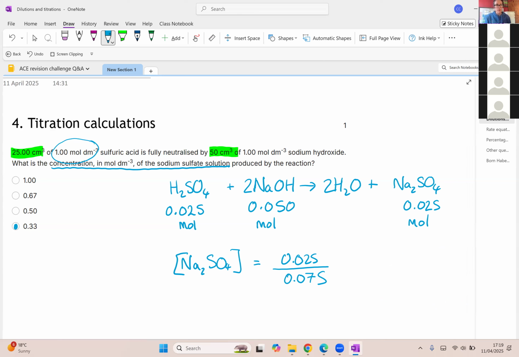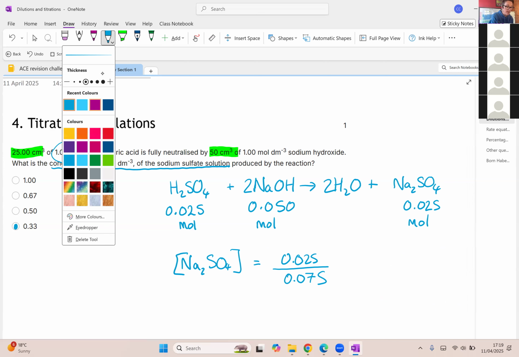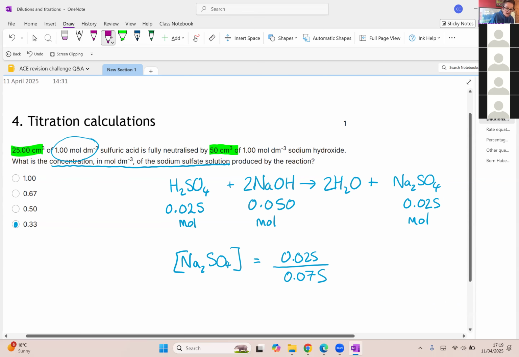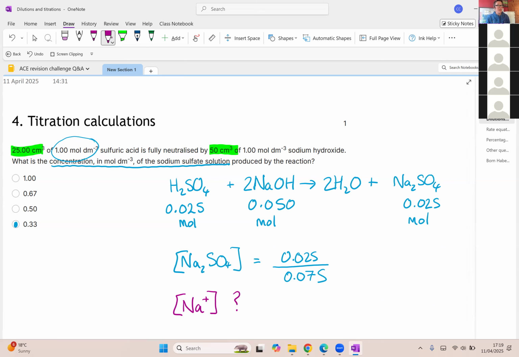Also, watch out for really cheeky questions that say things like, what's the concentration of sodium ions? So, since you're here, you don't want to just be listening to me talk all the time. In the chat, what is the concentration of Na plus in that solution? The one that we've just worked out, the concentration of Na2SO4. What would we end up getting?